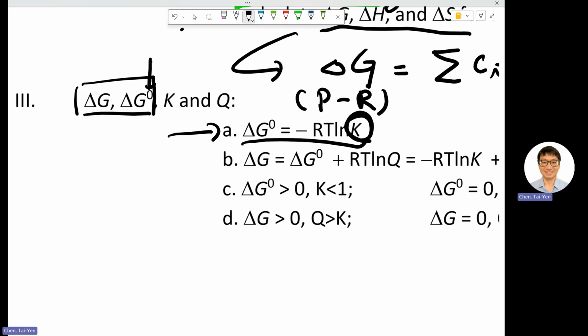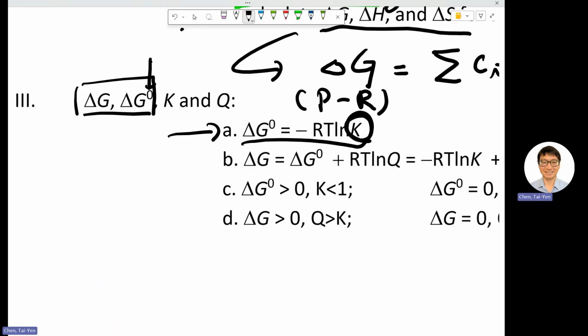What's the end point of the reaction? When would you say a reaction actually comes to an end? At equilibrium. Okay, so that means you're going from somewhere where you set the standard condition, then you let the reaction go, and you observe how the heat changes. And at the very end, you're going to hit your equilibrium state, right?